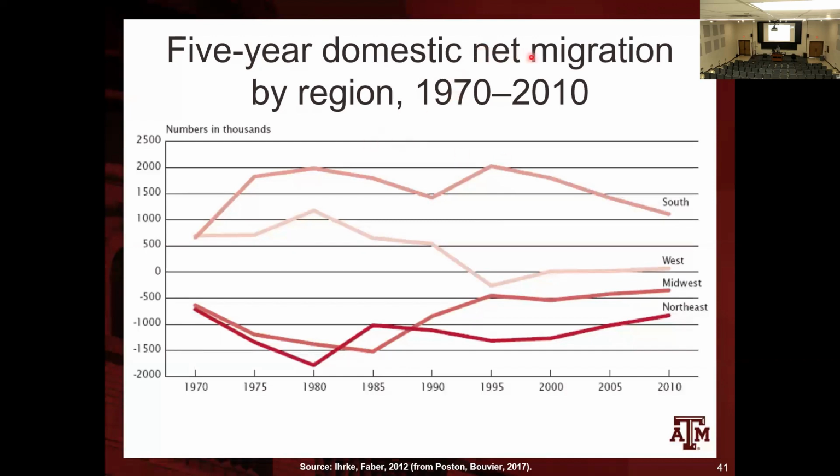So this graph here is about net migration. You see that the South region, the net migration declined a little bit in these last decades, but all the numbers here are above 0. So the South region as a whole has been receiving more people than losing.